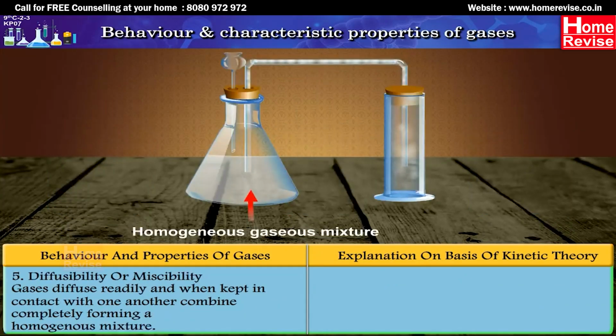And the fifth behavior and property of gases, diffusibility or miscibility. Gases diffuse readily, and when kept in contact with one another, combine completely, forming a homogeneous mixture. Let us see the explanation on basis of kinetic theory.